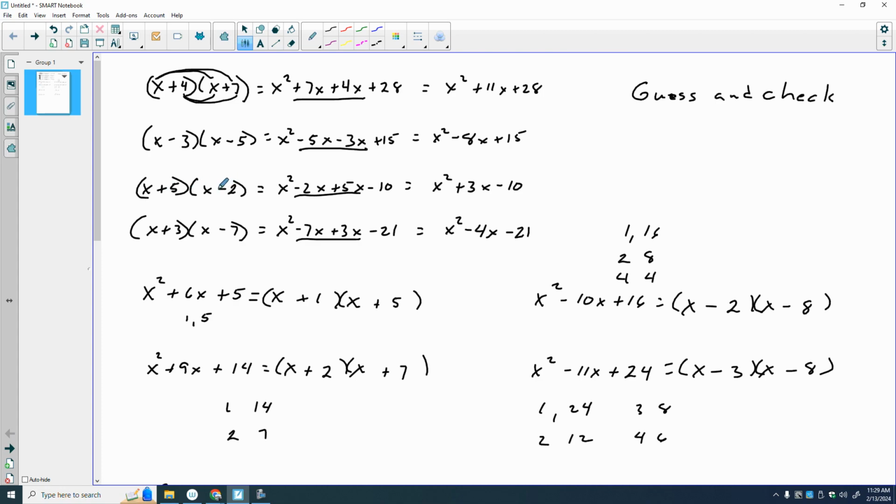It has to be that way. That's how I get a negative. One's a positive, one's a negative. And if these are different, I will subtract my products. Negative 2x plus 5x. I subtract the 5 and the 2 to get me the 3.